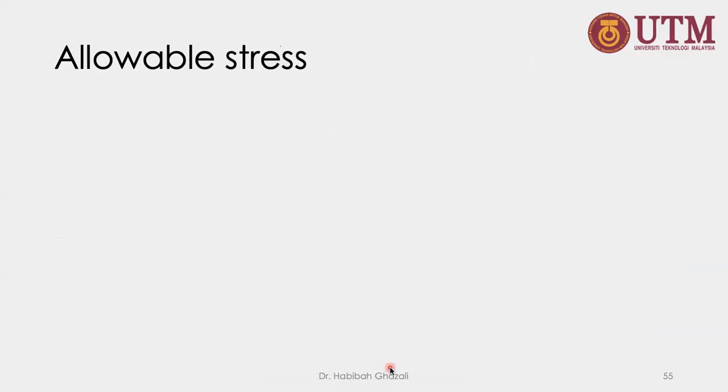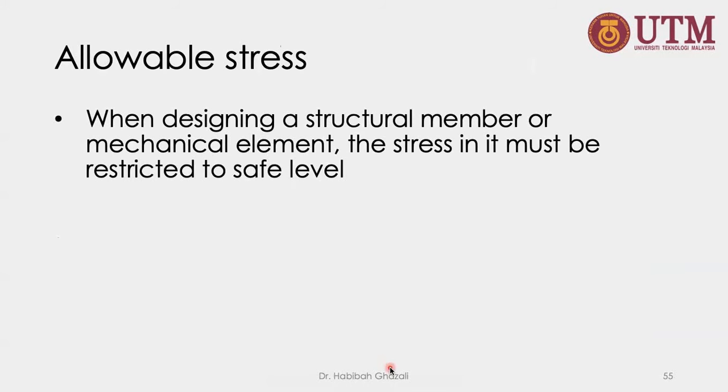So allowable stress is a measure of, when you design, you need to know what is the maximum load. Basically, we take the value of stress, and what kind of stress you need to look at. If you have one material, you know this is the list of properties of your material.